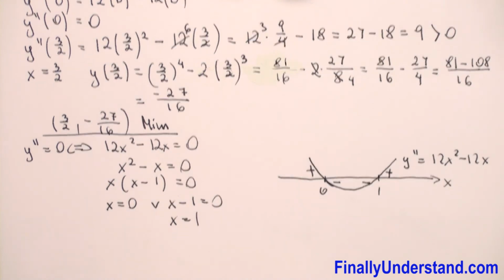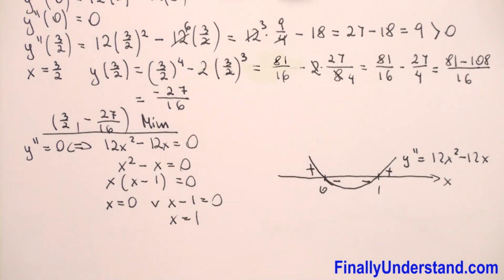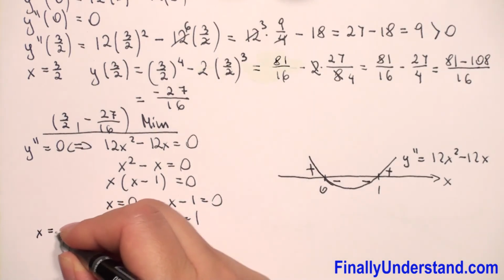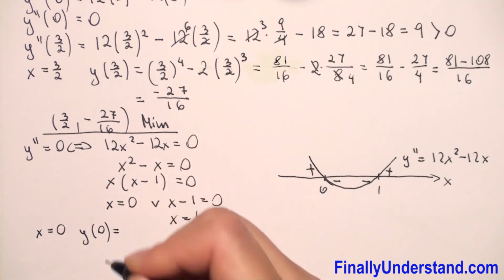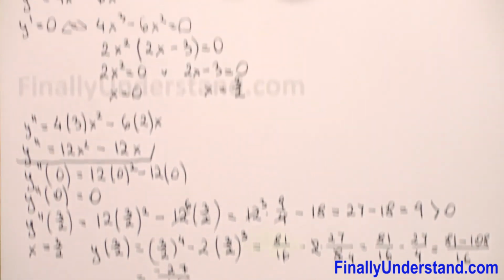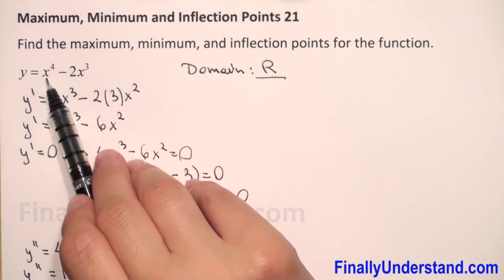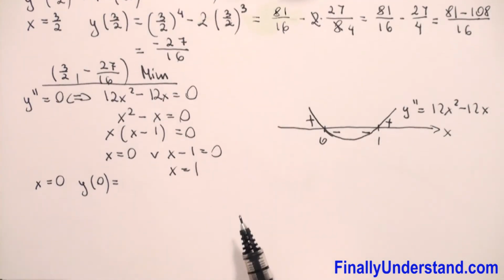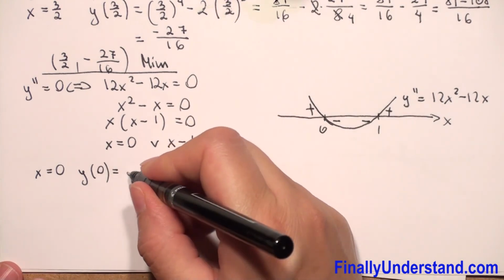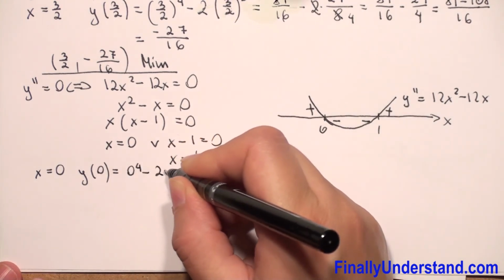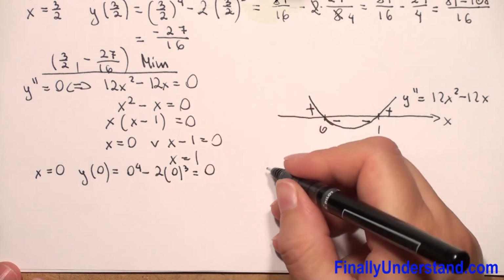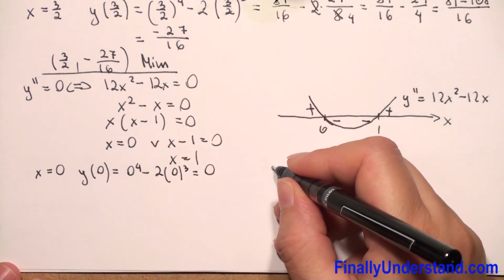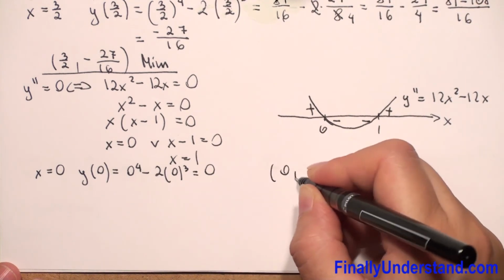Let's calculate the y coordinates. We have x equals 0, so y of 0: we go to our y function and replace x by 0. So it will be 0 to the 4th power minus 2 times 0 to the 3rd power, so this is 0. So our first inflection point is (0, 0).